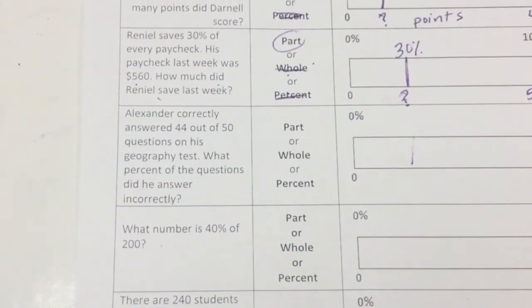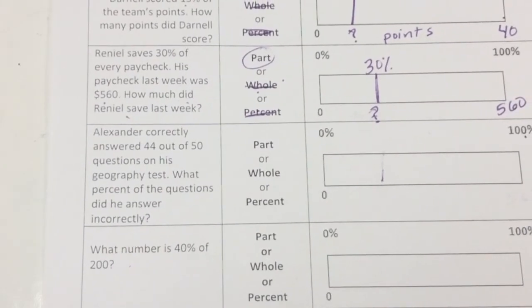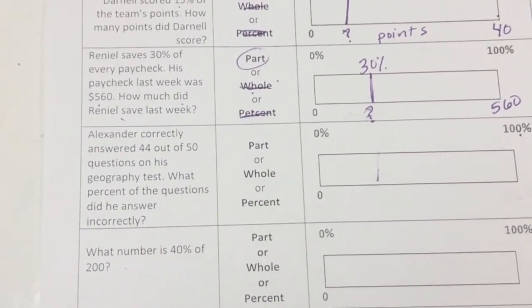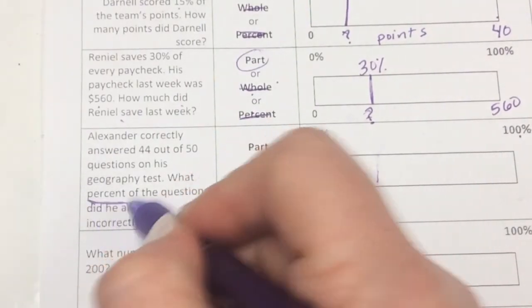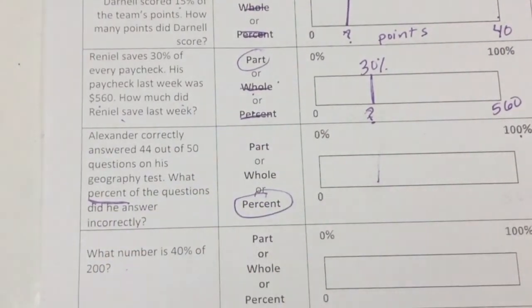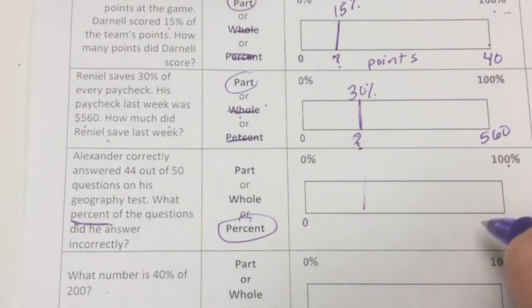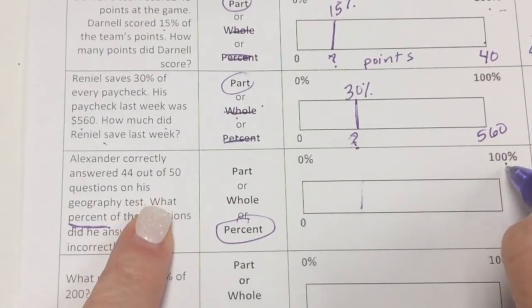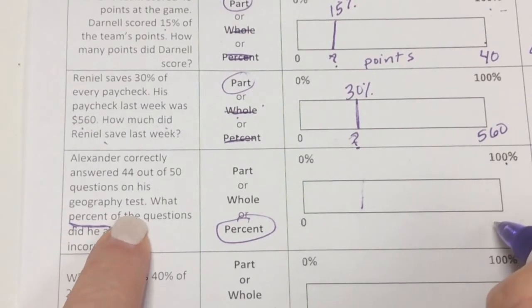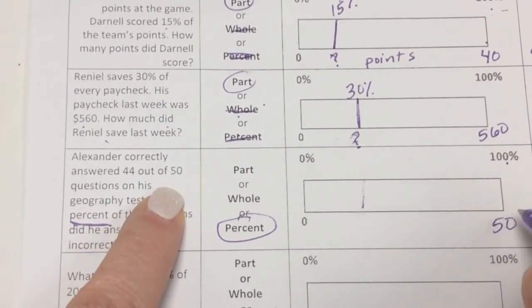All right, next. Alexander, this one's a little easier, correctly answered 44 out of 50 questions on his geography test. What percent of the questions did he answer correctly? Well, that helps us in the beginning because it already says what percent. Okay? So we want to know what percent. So 100% of that test is 50 problems.